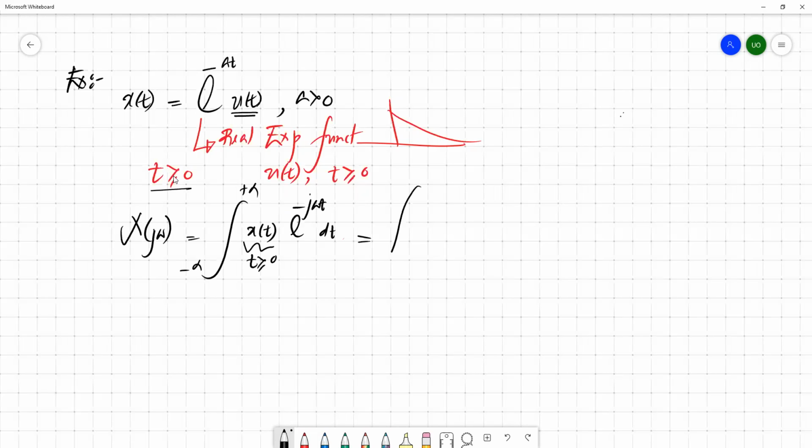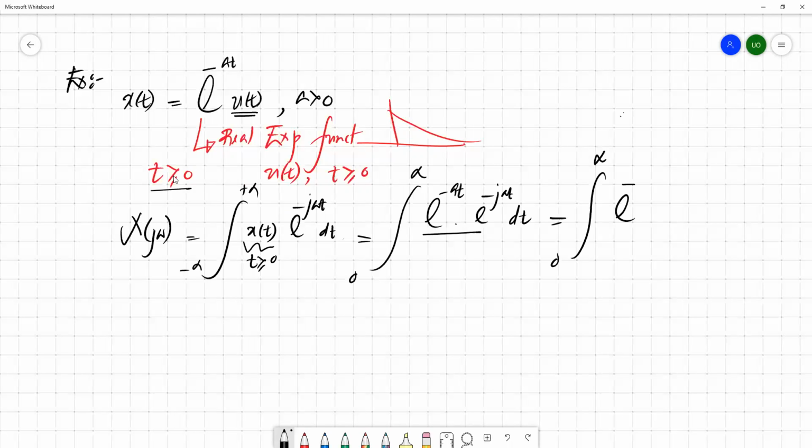So this integral would be from 0 to infinity, x(t) becomes e to the power minus a t, times e to the power minus j omega t dt. Then we can combine these two exponentials together. So you have the integral from 0 to infinity of e to the power minus (a plus j omega) t dt.